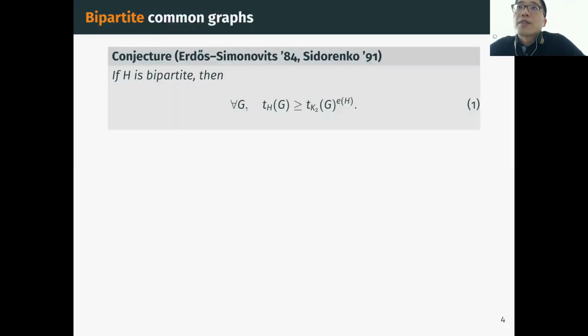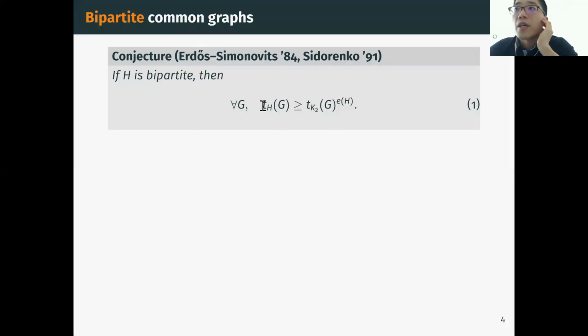And here are some positive results, which means there are some common graphs. So here's a famous conjecture by Erdős and Sidorenko, which is often cited as Sidorenko's conjecture. Whenever H is bipartite, then given any graph G, I have this inequality over here.